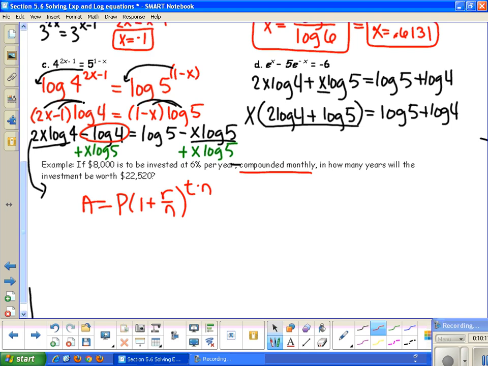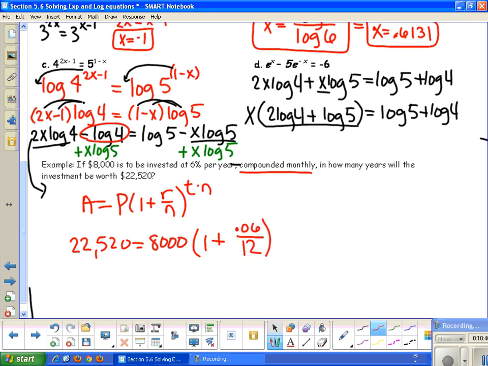So in this case, it says we want to figure out in how many years our investment's going to be worth that amount. So we have our amount A, 22,520, is equal to our principal or starting amount, which is 8,000. And we have then 1 plus our rate, which is 6%, so 0.06 compounded monthly.